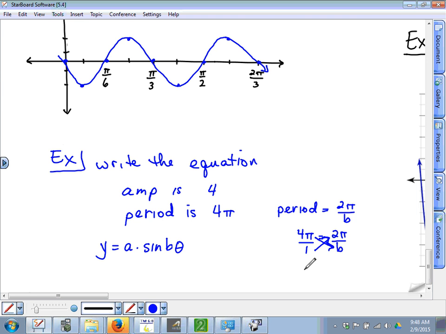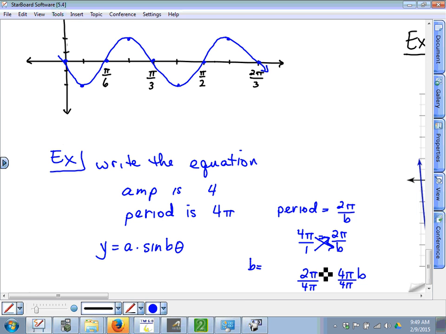1 times 2 pi is 2 pi. 4 pi times b is 4 pi b. What are we solving for? We're solving for b. b is being multiplied by 4 pi, so how do you get b by itself? Divide by 4 pi.